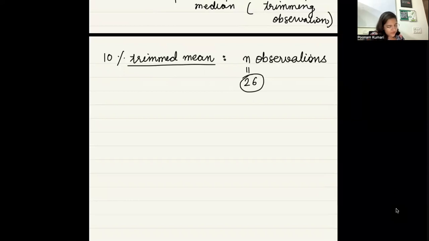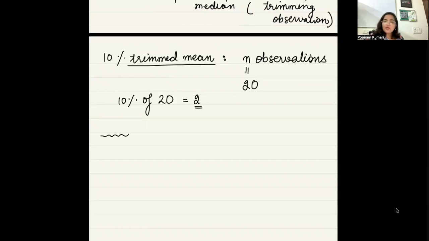Okay, I don't want to use this example right now. Let's say n is 20. So what is 10% of 20? 2. So whenever you put your data in ascending order, you remove the leftmost 2 points and the rightmost 2 points, and then whatever data points are left, you find the mean of that.